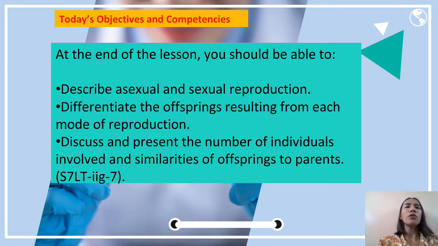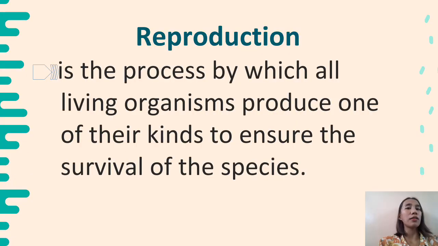So, in your own idea, what is reproduction? Anyone, class? Yes, Digia. Very good. Reproduction is the process by which all living organisms produce more of their kind to ensure the survival of the species.